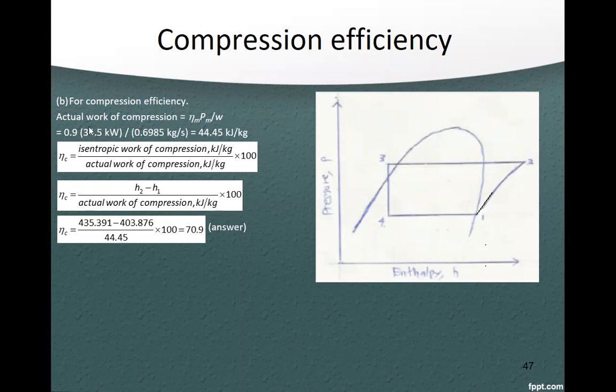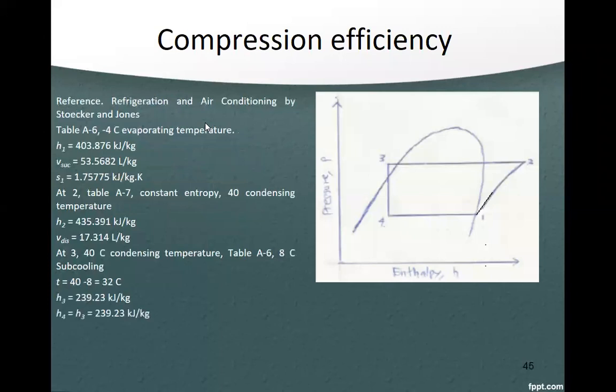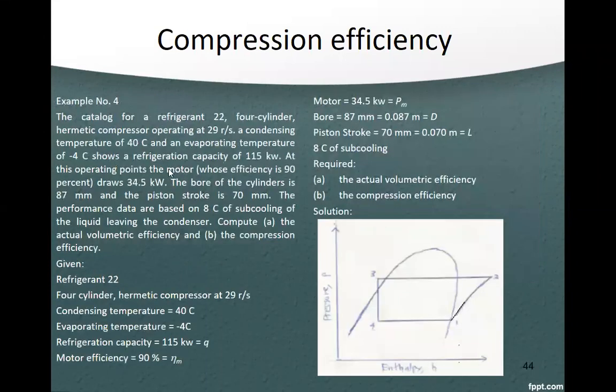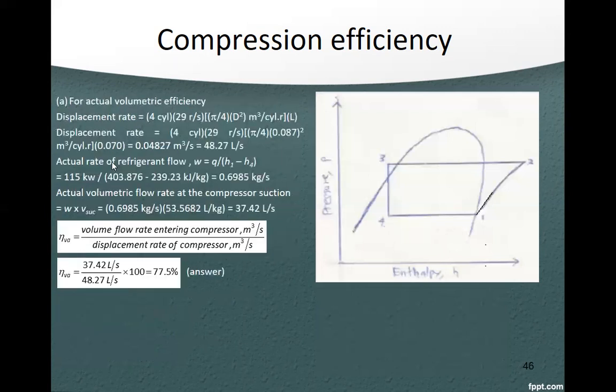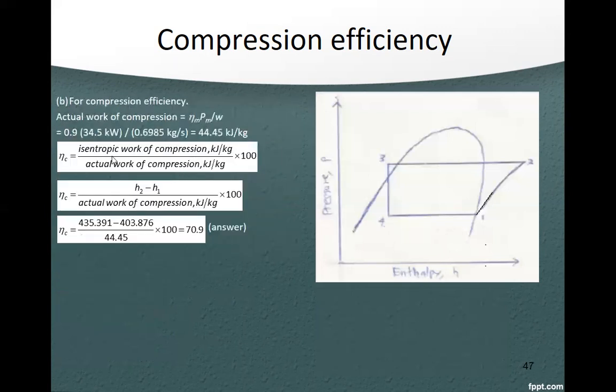This is the work done. The actual work is from the power of the motor: take the motor's 34.5 and multiply it by 0.9. That is the power going to the compressor. So this is the actual work of compression.